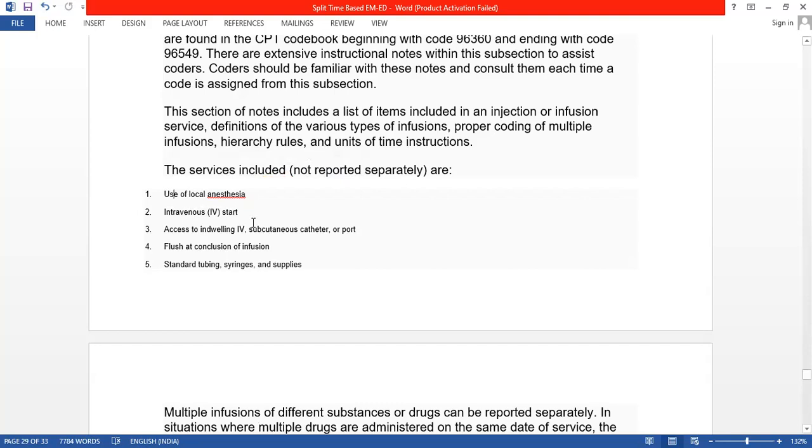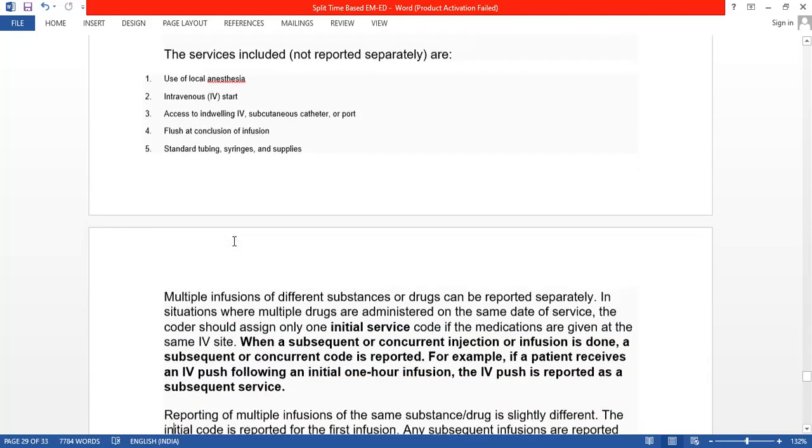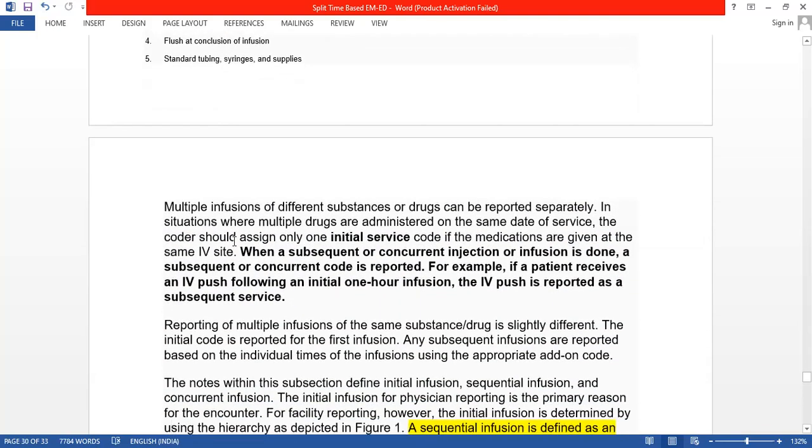Intravenous start: the preparation and starting of the intravenous line, we will not code that separately. Access to an indwelling IV, subcutaneous catheter, or port will not be coded separately. Flush at the conclusion of infusion: if an infusion flush is mentioned in the report, we will not code that flush separately. Standard tubing and syringe supplies are also not coded separately because they are all bundled in the cost of infusion, injection, and hydration. Hope this is clear.